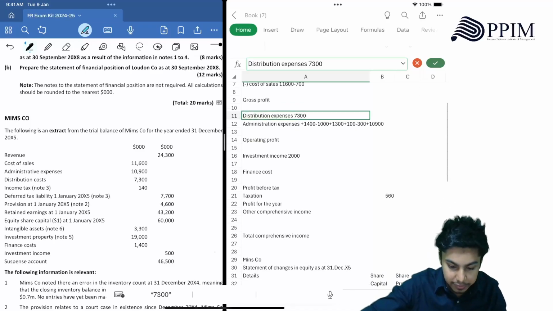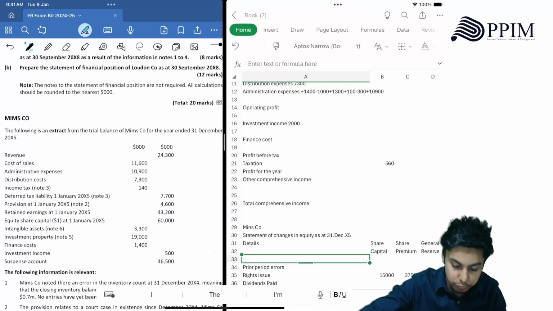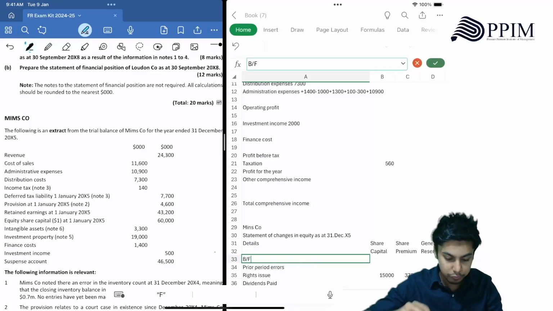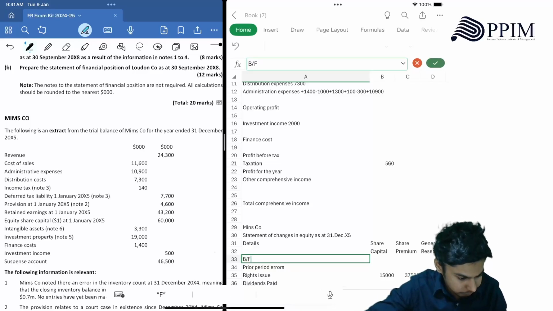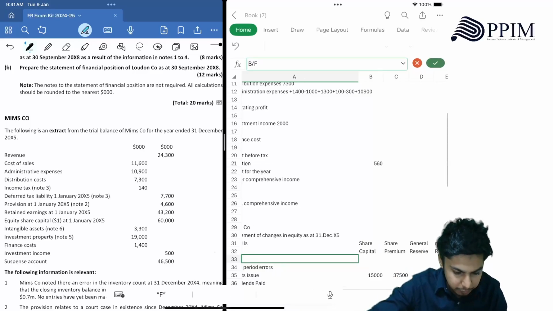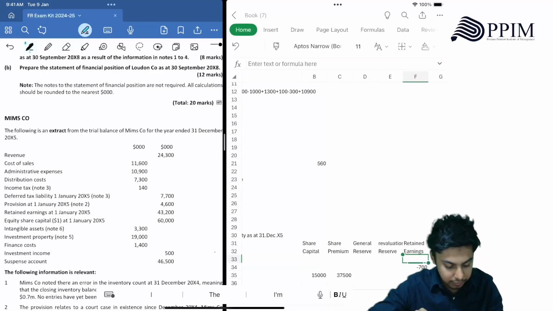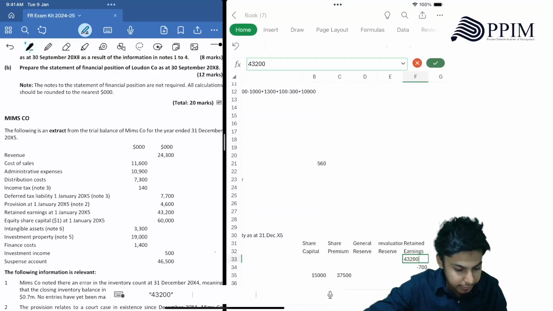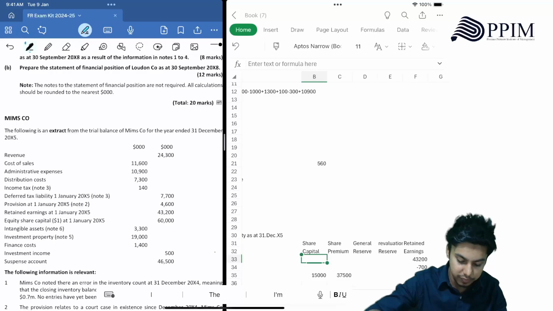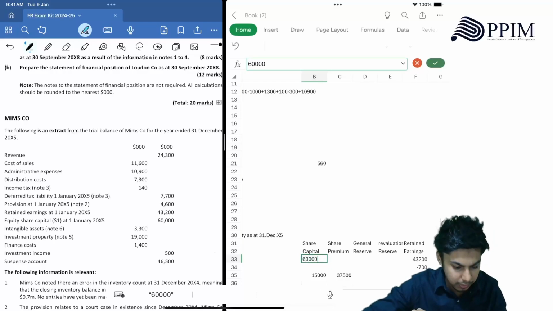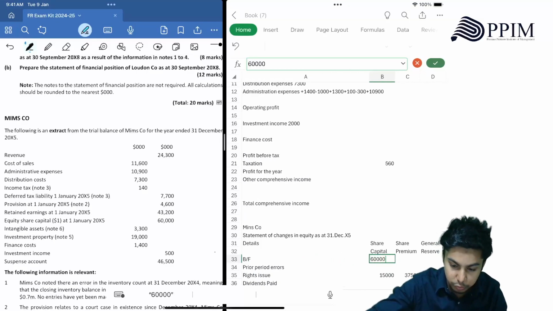Provision, done. Retained earning. Guys, can you copy this one over here? Brought forward for retained earning. How much is retained earning brought forward? 43,200. Okay. Equity share brought forward, copy. 60,000. Intangible asset, done. Completed. Investment property, done. Finance cost. Guys, copy the finance cost over here.